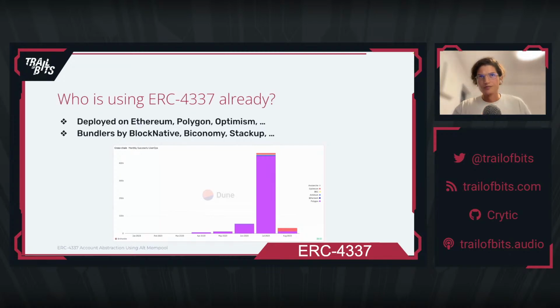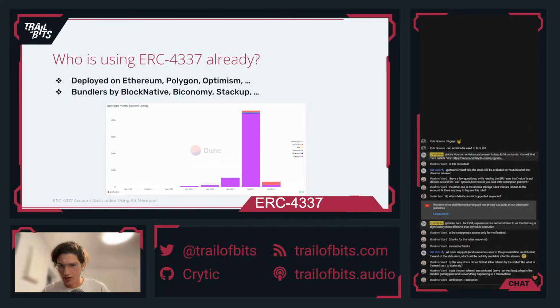So I see one more question here. Someone's saying they're slightly confused. When is the bundler getting paid, and is everything happening in one transaction? I'm not entirely sure what you mean by one transaction. Bob submitting the bundled user ops, so an array of user ops for different smart contract wallets executing different calls, that's all one single transaction by Bob.